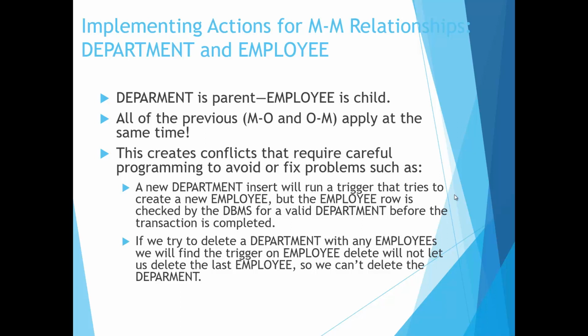And if we try to delete a department with any employees, we will find that the trigger or employee delete will not let us delete the last employee. So we cannot delete the department. So with these conflicts, we need to know how to handle that in the database, and when we write the code.